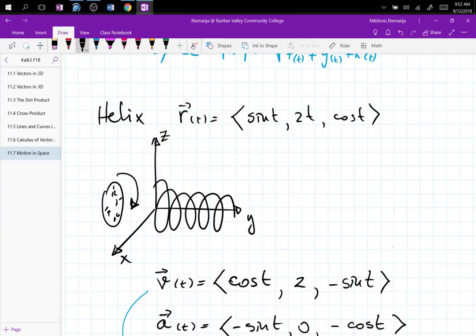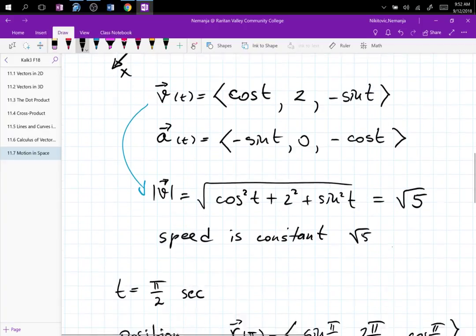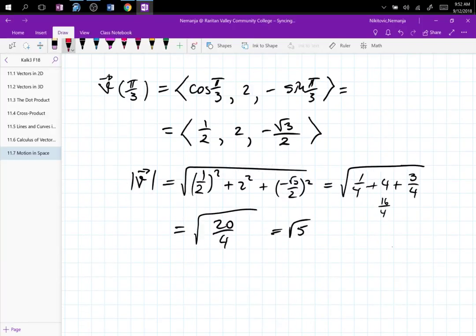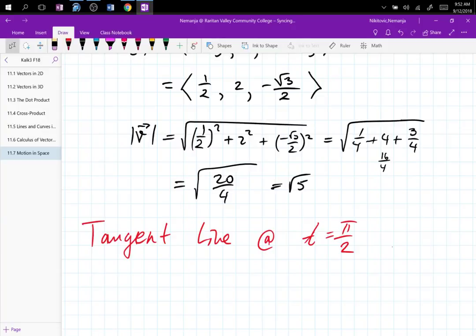So going back to our example of the helix, here I'll do it in red, if I want the tangent line at t equals pi over 2, what is my equation of the line? My tangent line equation is going to be r equals vt plus r0.